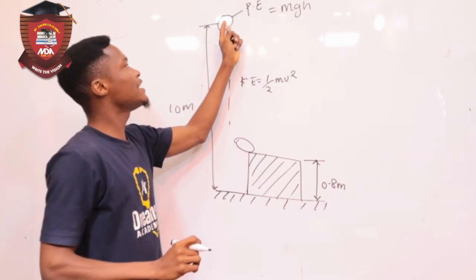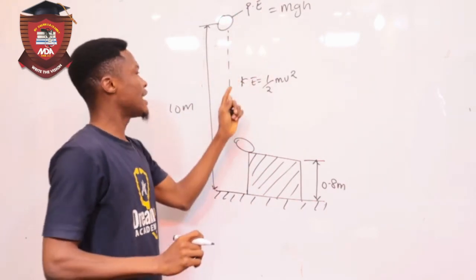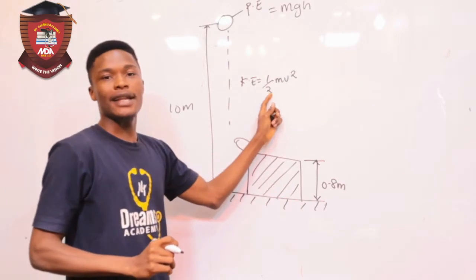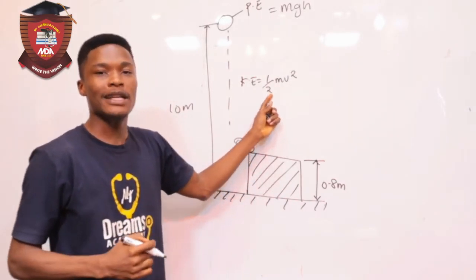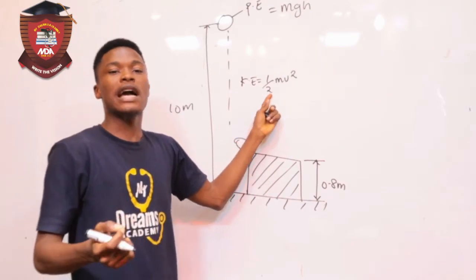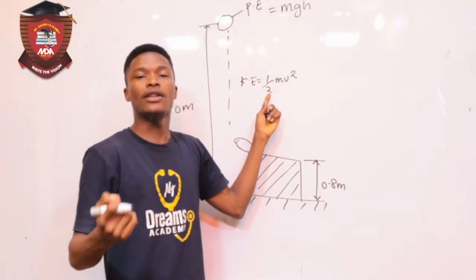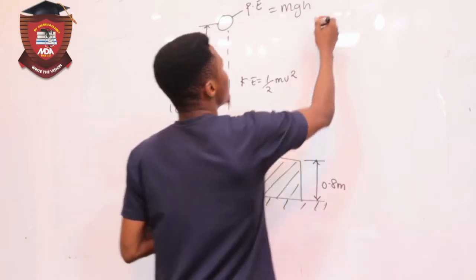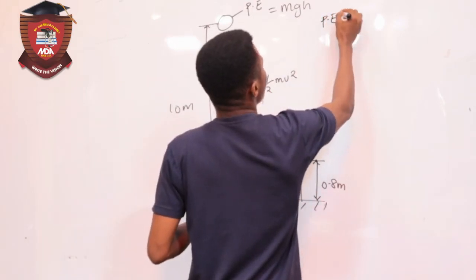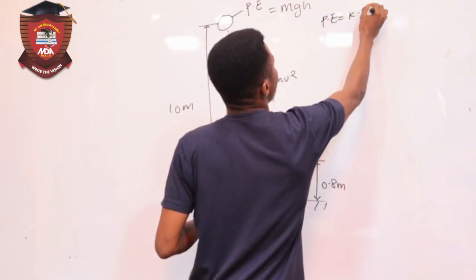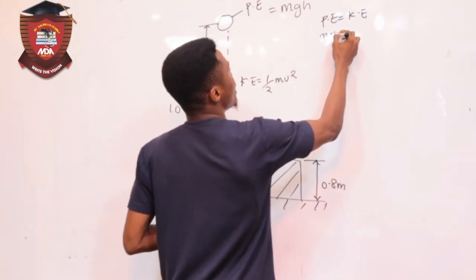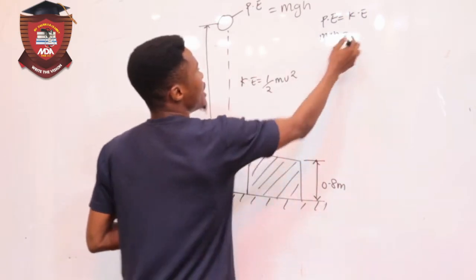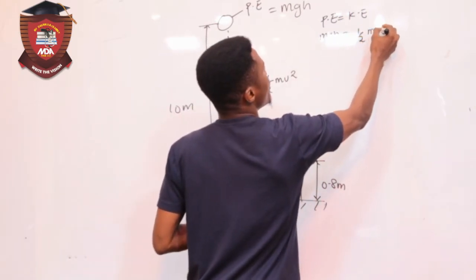Remember, at this point there is potential energy, and when it is falling it has kinetic energy. And according to the law of conservation of energy, energy is neither created nor destroyed, but can be converted from one form to another. Okay, so we can simply say that potential energy is equal to kinetic energy, meaning that potential energy mgh is equal to kinetic energy half mv squared.